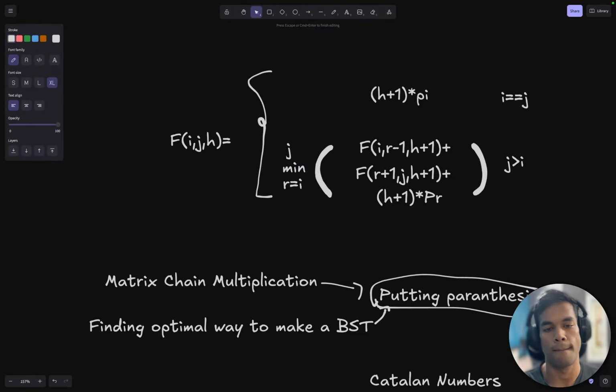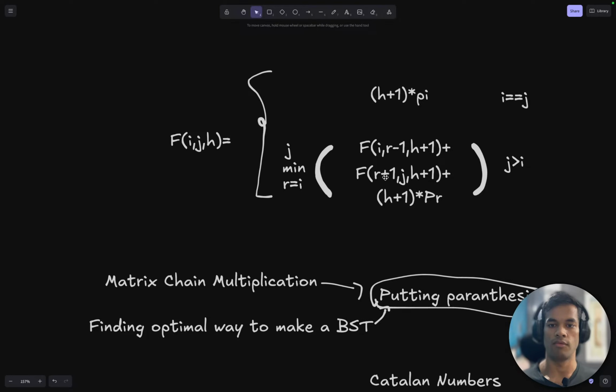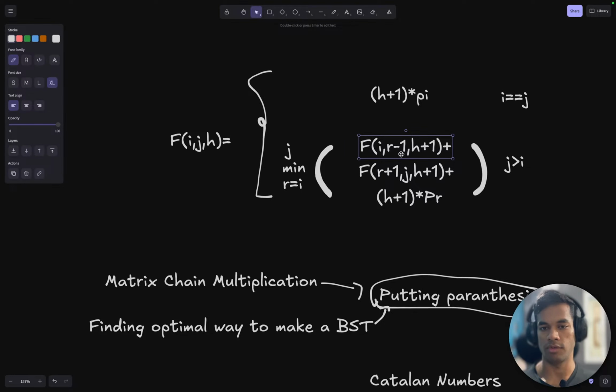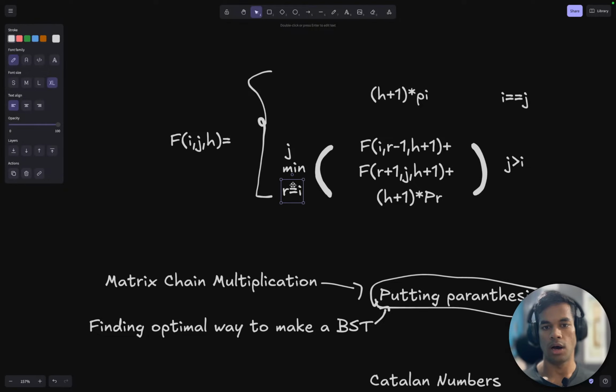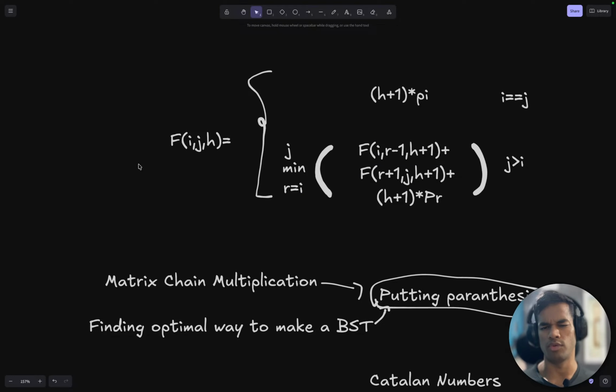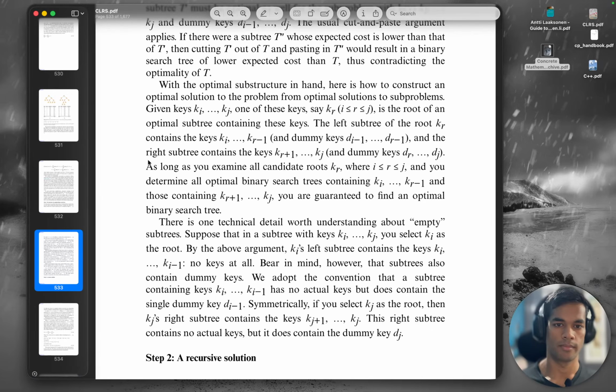And we will not call this function in certain cases, the edge cases. When r is equal to j, we will not call this function, and when r is equal to i, we will not call this function because we would just be going out of range.